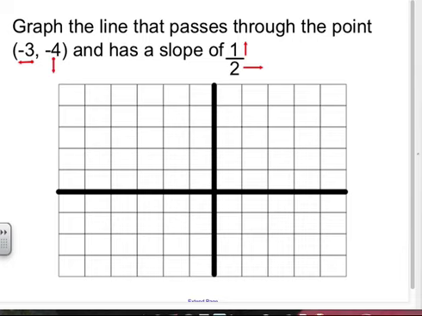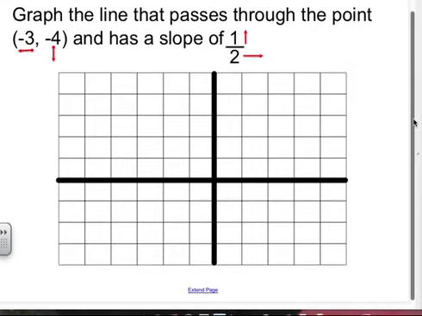Here's a good example. It says graph the line that passes through the point -3, -4, and has a slope of 1/2. And I've put some little arrows on there for you to kind of help you get started so that we're remembering how to plot points and we're remembering how to use slope as our driving directions from our starting point. Okay, here we go. Step 1 is plot the ordered pair. So we're going to plot -3, -4.